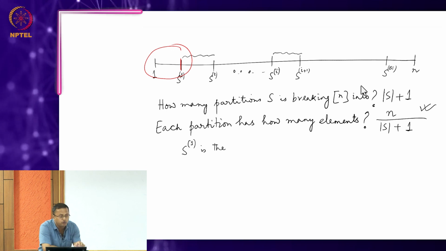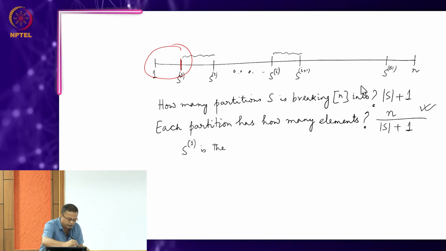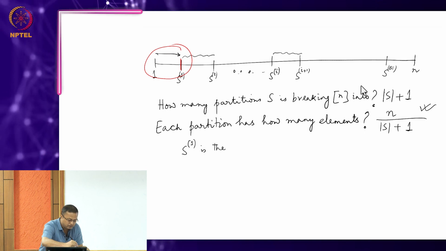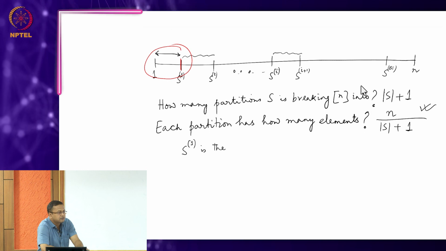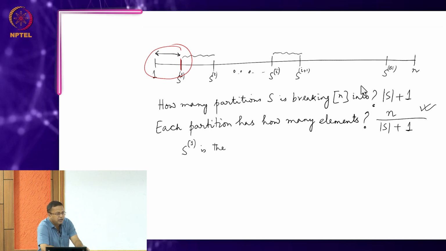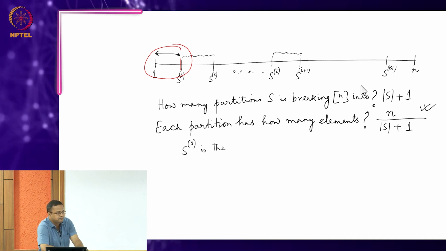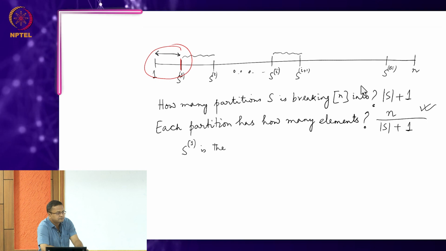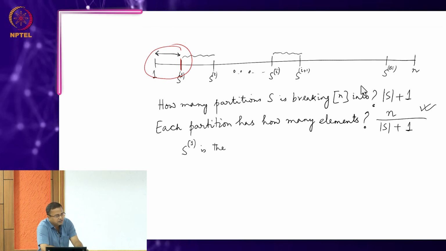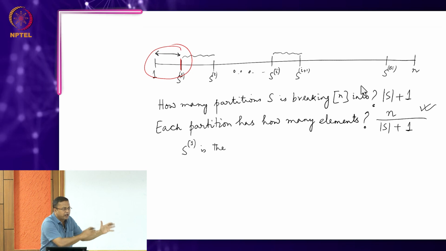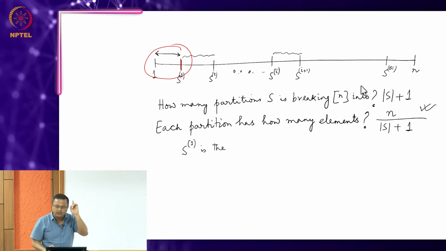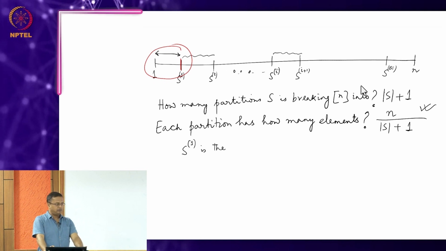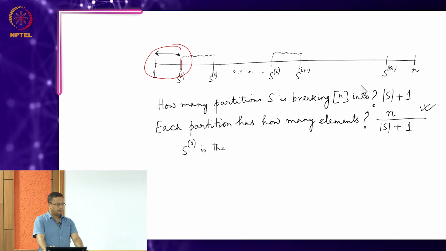So, if I look at the first partition, the rank of S1 is n by |S| plus 1. That means the n by (|S| plus 1)th number is nothing but S1. Agreed?